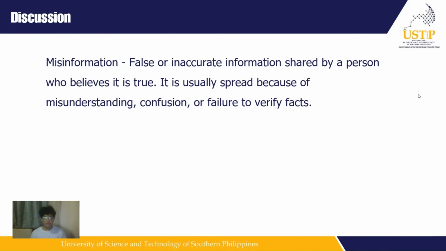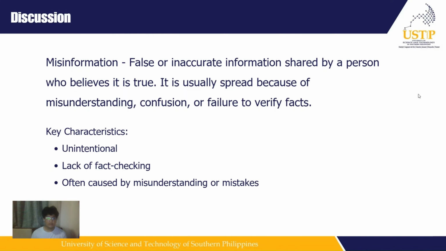This type of fake information is highly common in social media, but it differs sharply from disinformation regarding the underlying intent, because this is unintentional. Its key characteristics are it is unintentional, lack of fact checking, and often caused by misunderstanding or mistakes.